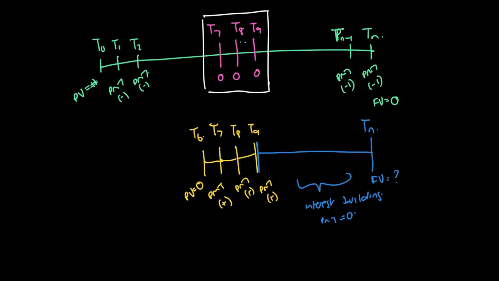And you can see the missed payments as a secondary loan that is building parallel to your original annuity. That's T7, T8, and T9 is where you get the money for that loan, and it starts at T6. But then from T9 to Tn, it's just going to build interest. So you're not making any payments. It's no longer an annuity. It's just compounded interest.